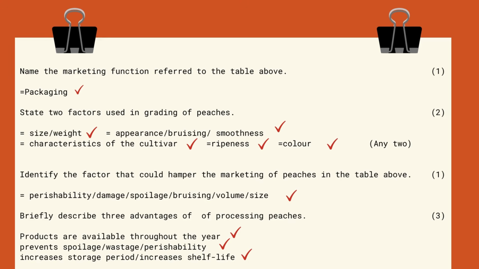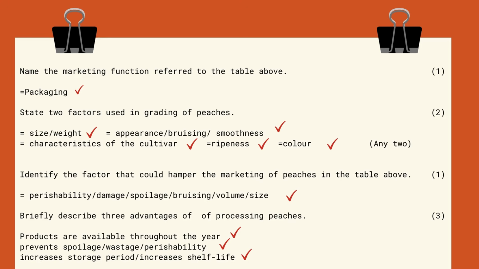Now, identify the factor that could hamper the marketing of these peaches. So now, if you notice, class 3 were small peaches. They were already ripe, and also most of them were bruised. Now, what does this mean?